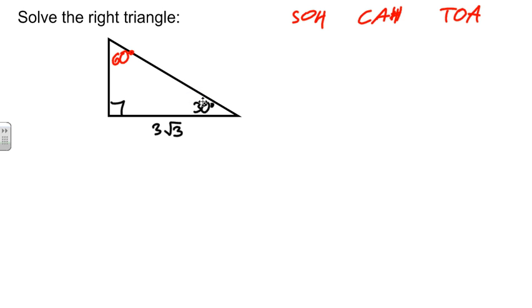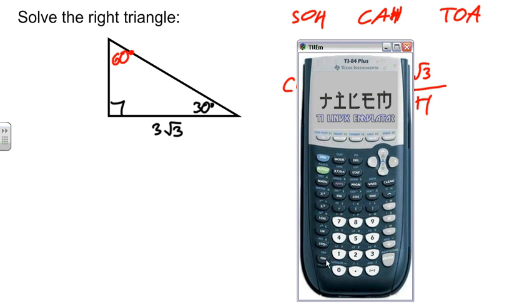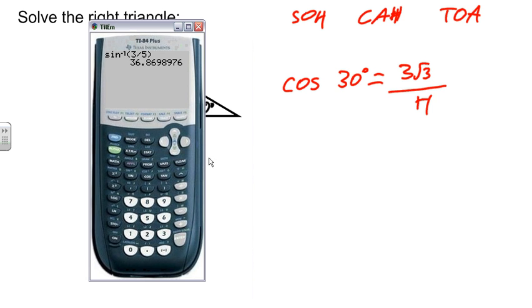So now using the 30 degrees that we have, we can use cosine of 30 degrees. We know that cosine has to be adjacent over hypotenuse. That's the ratio. It would be 3 square root of 3 over the hypotenuse. And then we can solve that by finding the cosine of 30. Make sure you're in degrees before you enter cosine of 30.